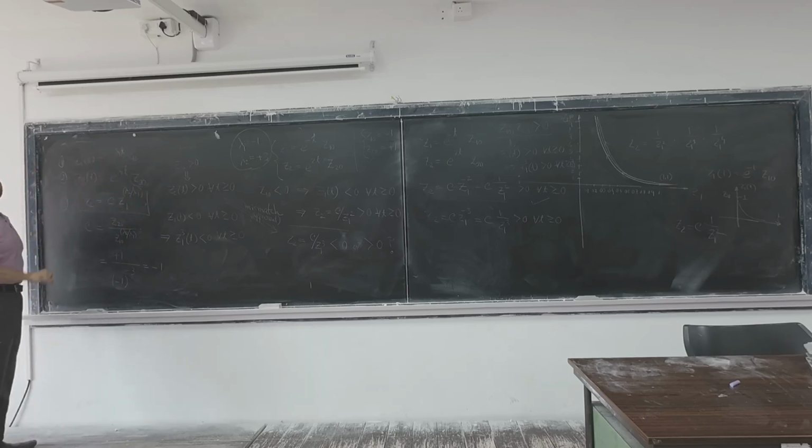Why? Because e to the power something cannot be negative. Whether it is e to the power plus something or e to the power minus something, it can never be negative. So the signs of Z1 and Z2 are entirely governed by the initial condition. Whenever you have any doubt, always go back to the first two, because the third one is a derived relationship.